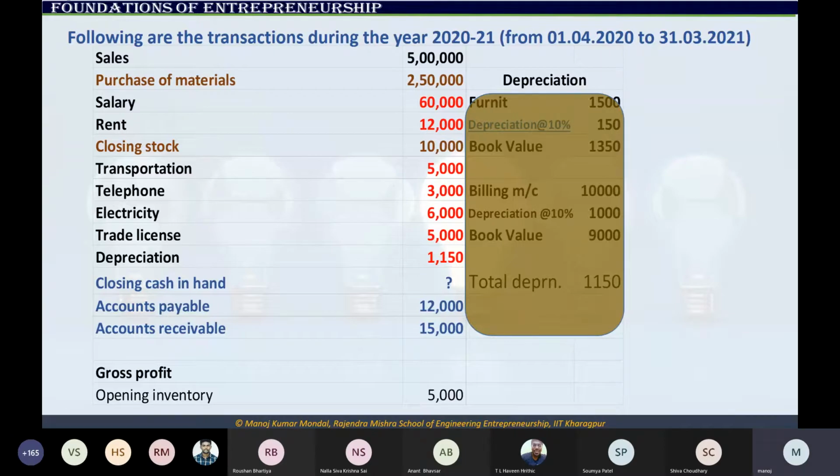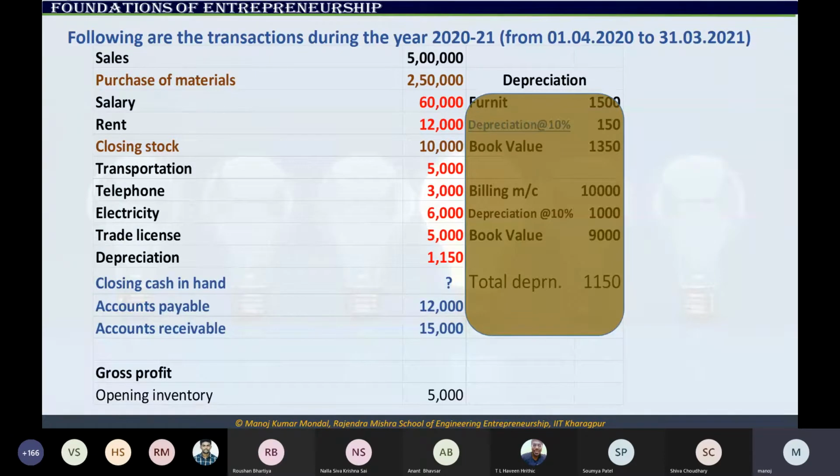Now, all the companies, they prepare two sets of accounts. One set for income tax purposes, where they want to show as little profit as possible, because if they show more profit, they have to pay more taxes. Moving forward, I'll show you how the taxes are calculated. And another set of accounts is prepared for those who are interested in your profit rather than tax.